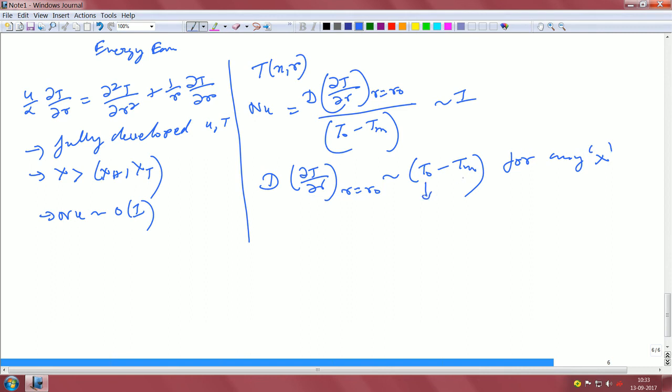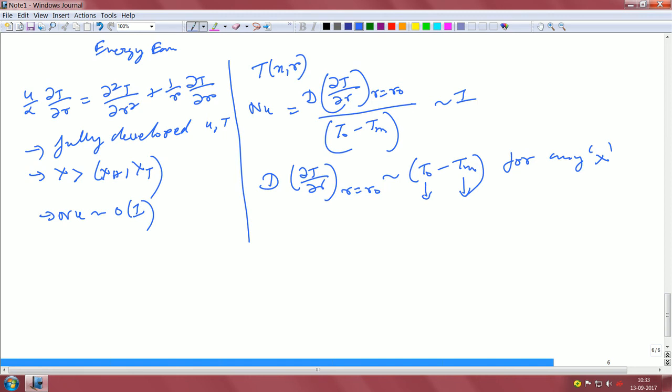Remember that T naught and T_m both can be functions of x only, because the wall temperature and the mean temperature both are functions of x, because for the mean temperature by definition you have removed the variation with respect to r. So, on the left hand side whatever it is, on the right hand side whatever it is, for any particular x this relationship is valid.